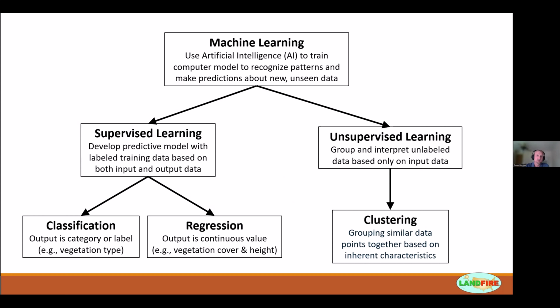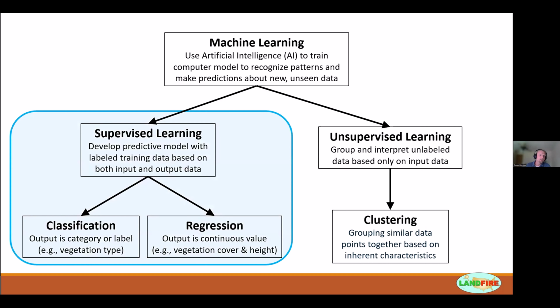Unsupervised learning uses unlabeled training data, so it's going to be limited to just forming groups and clusters and similarities, and then trying to pull out patterns that way. We're going to be looking mainly at supervised learning because our training data are all labeled.